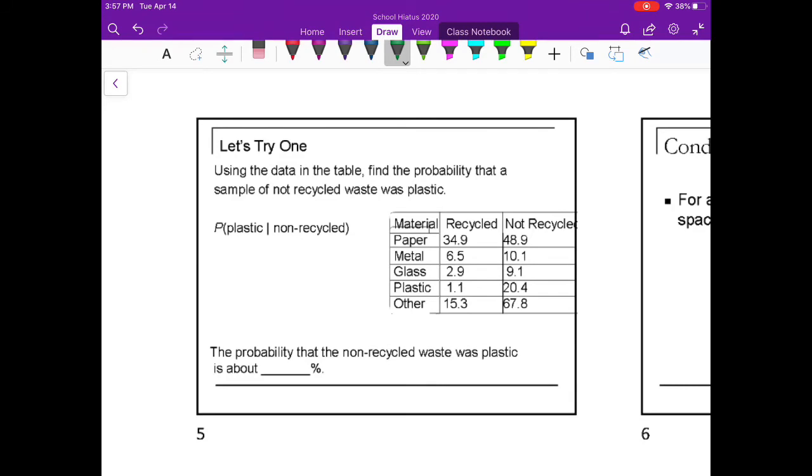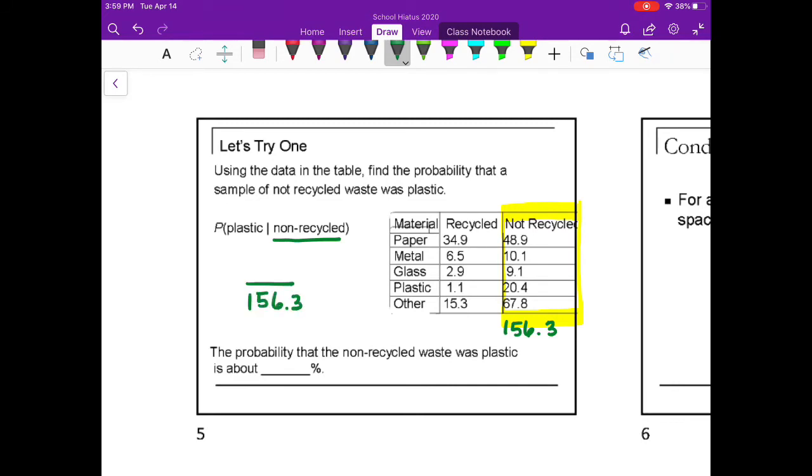So we're only focusing on the non-recycled waste, and so that's just the items in this column. And so we'll need to find the total for that column to determine how much of the waste was not recycled. So the total for this column is 156.3, and so that will be the denominator of our probability.